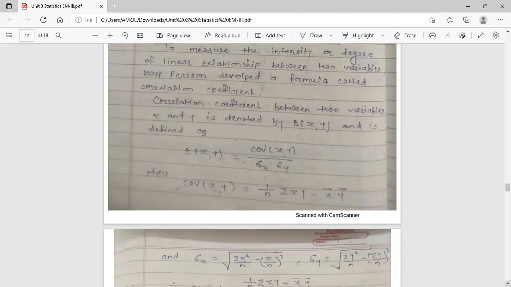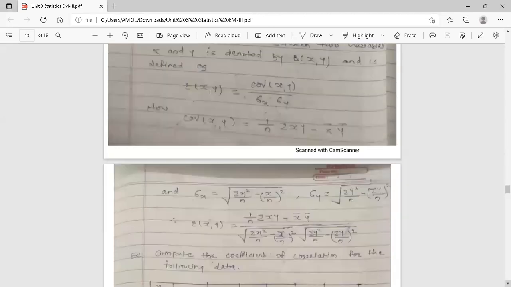Now sigma x and sigma y. Sigma x is the standard deviation of x, and the formula is, it is equal to under root summation x square upon n minus summation x upon n whole square, and the standard deviation of y is equal to under root summation y square upon n minus summation y upon n whole square. Okay, so these are the results to find the coefficient of correlation.